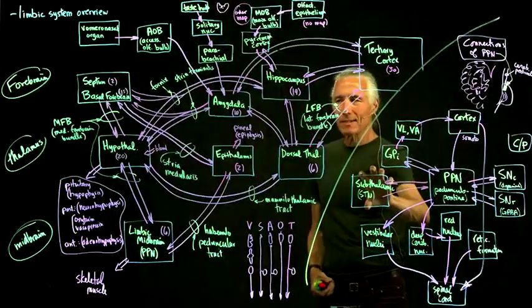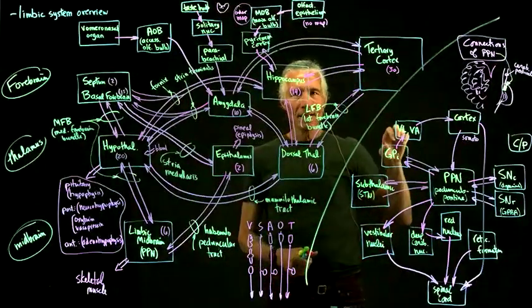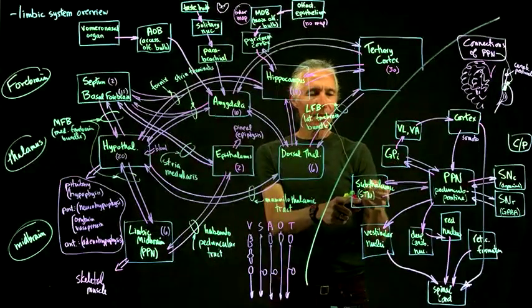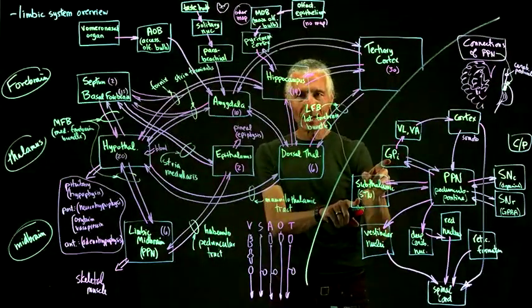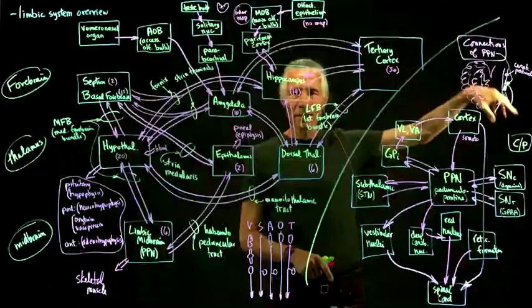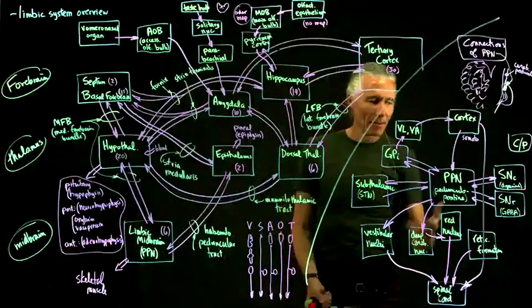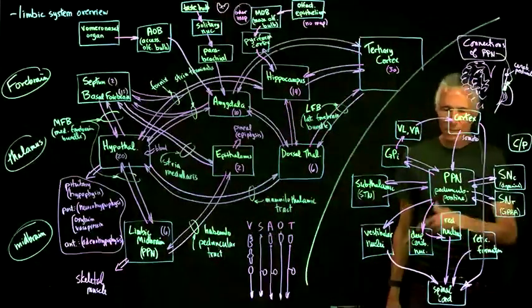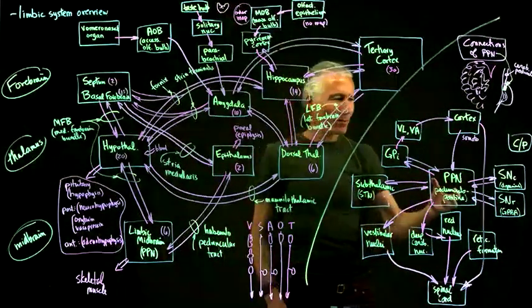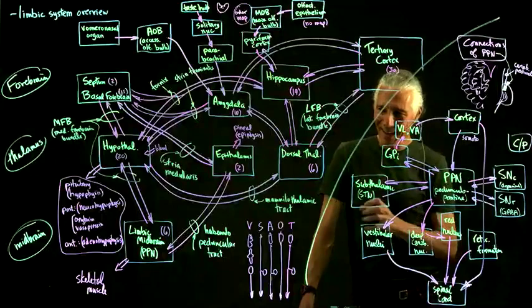If you lesion the subthalamic nucleus, there's not enough excitation of the globus pallidus internal segment, and so that results in too many movements getting through, and so you get all these funny movements. So the pedunculopontine nucleus is talking to that. So you can clearly see the pedunculopontine nucleus is the center of the universe.